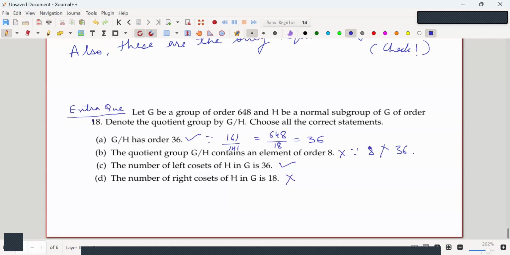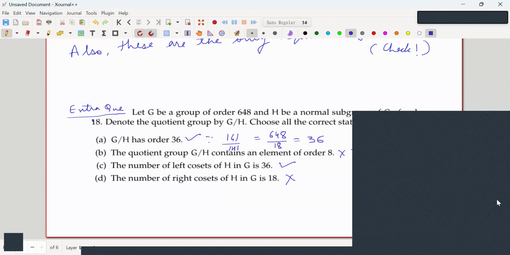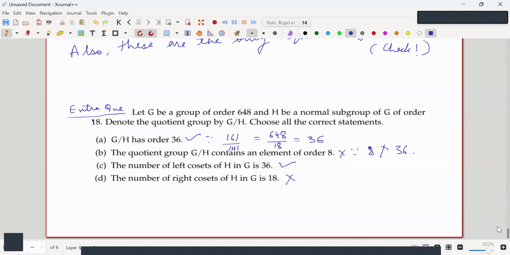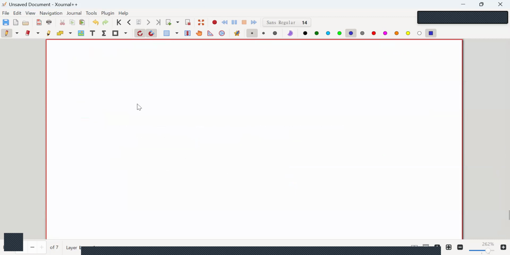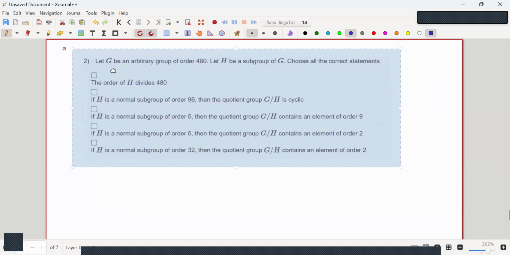Then we can take some good question from this one. Okay, I'm just taking one random question from a practice assignment. I think this will be the last problem of this session.